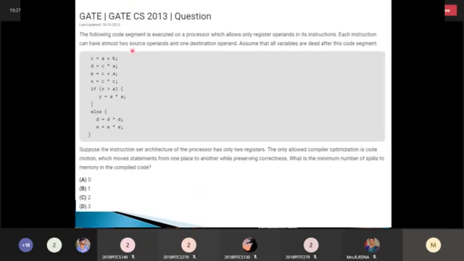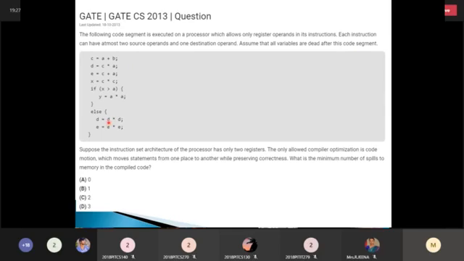And next question, again asked in 2013, where the following code segment is executed on a processor which allows only register operands in its instructions. So each instruction can have at most 2 source operands and 1 destination operand. Assume that all variables are dead after this code segment.